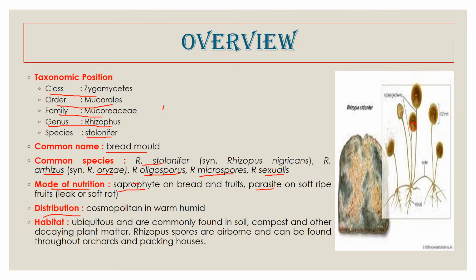It is found in the soil, in compost, in litter, and dead organic matter in the soil. The asexual spores of Rhizopus are airborne, so in the air also we get the spores of Rhizopus. So it is present in soil as well as air.